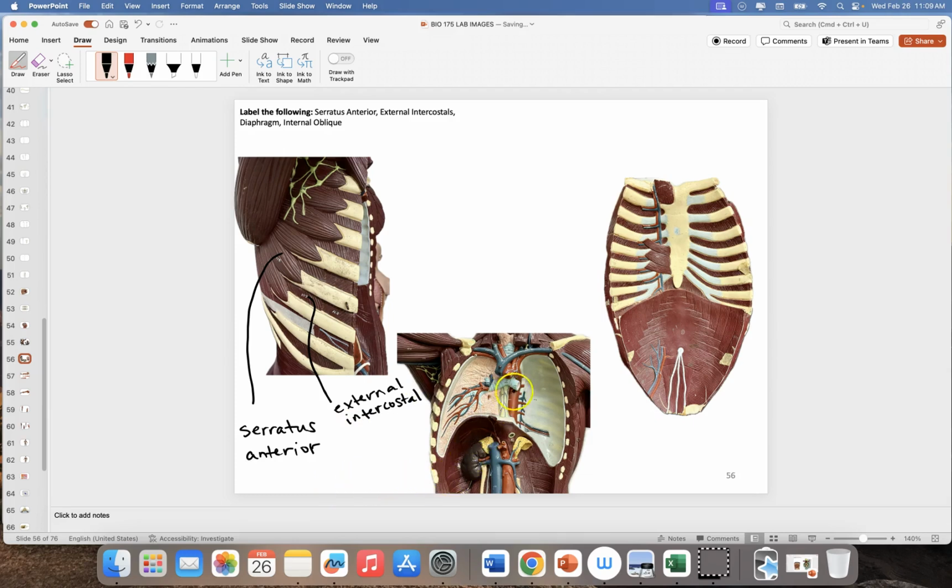Then we're looking at that same model in an anterior view, but we've removed the portion of the trunk that we focused on a moment ago. So we've removed the pectoralis muscles, those abdominal muscles that we were looking at, in order for us to see this large muscle here just under the thoracic cavity, and that muscle is going to be the diaphragm.